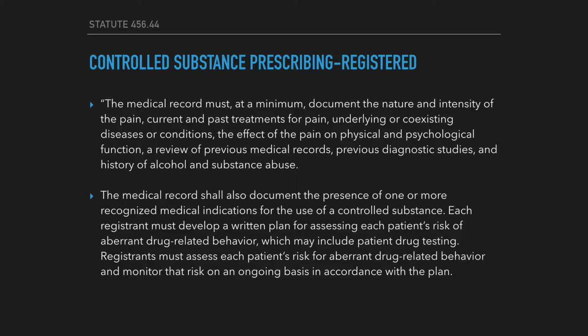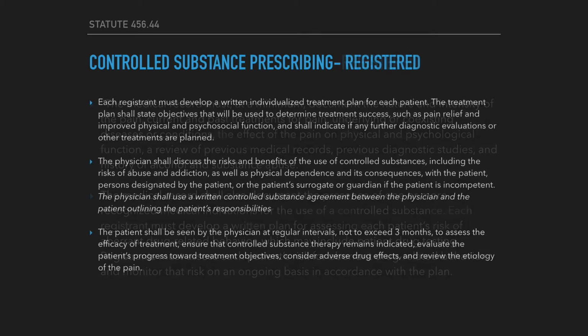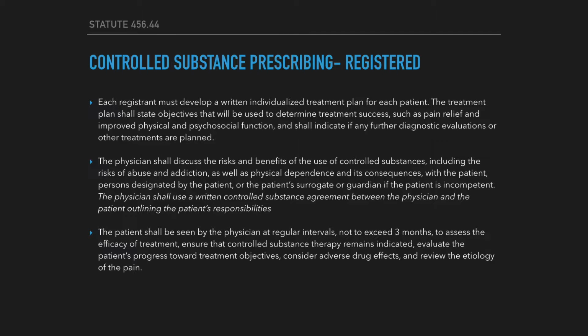Okay? Also, and these are pulled directly from the statute website, the medical record shall also document the presence of one or more recognized medical indications for the use of a controlled substance. Each registrant must develop a written plan for assessing each patient's risk of aberrant drug-related behavior, which may include patient drug testing, as the previous speaker talked about. Registrants must assess each patient's risk for drug-related behavior and monitor that risk on an ongoing basis with the plan.